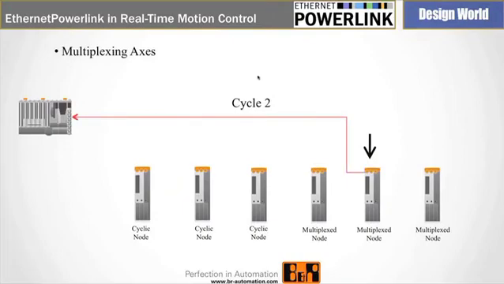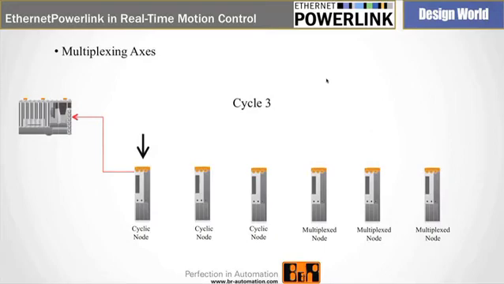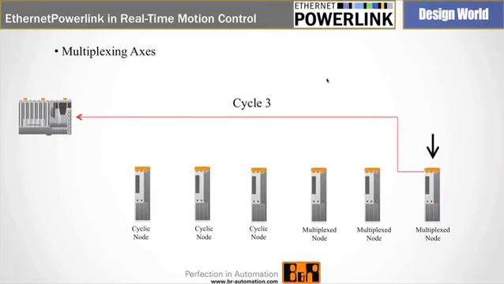In this case, node number 2 is transmitting back in cycle 2, and then node number 3 would then transmit its information back in cycle 3. Once again, because all the information is broadcast from the system, from each node, all the other nodes can be listening at the same time. So even a master node or a cyclic node could be listening to a multiplex node when it sends its information back across the network.